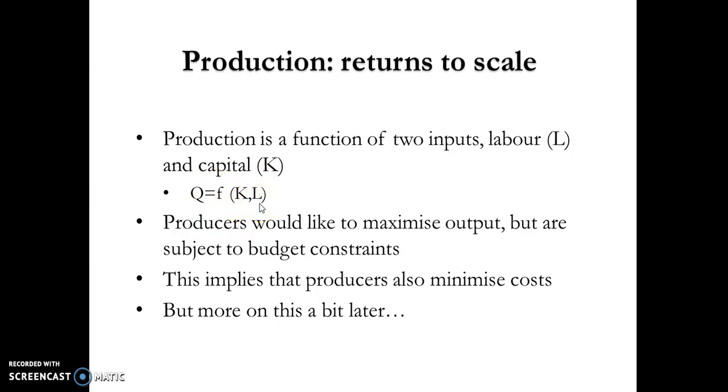As you go on in microeconomics 231, you will learn about the budget constraint or the cost constraint that the firm faces. We will then move on to production equilibrium, and later on, we will apply this knowledge in ECO235.